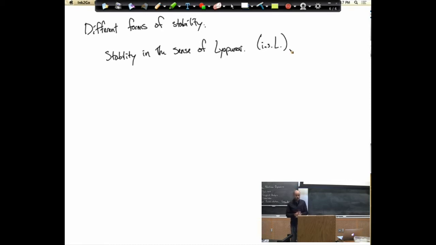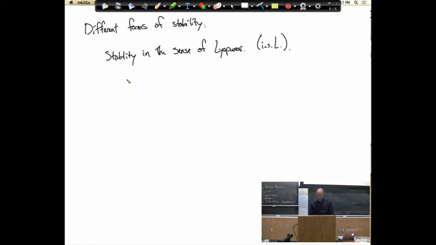So these are definitions that could be over a region, or local or global. There's lots of things that could happen if I move away from the fixed point, and Lyapunov stability is a particular guarantee.